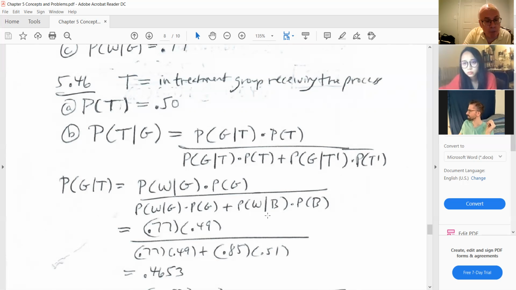Let me think about it for a minute. What I'm really saying here, and see if it's equivalent, is that this is the same thing as the probability of having a girl given that the process worked. Is it the same thing?